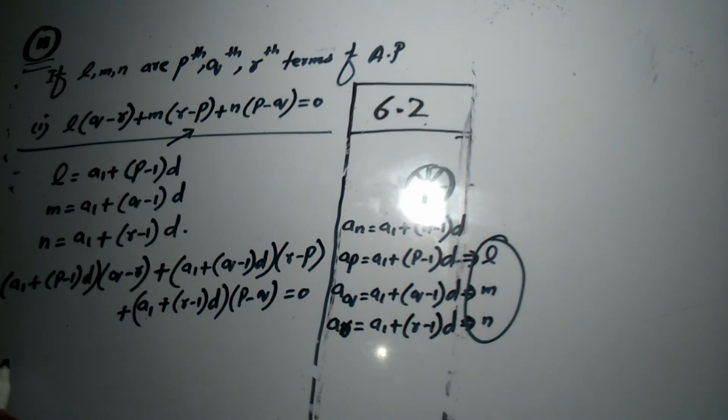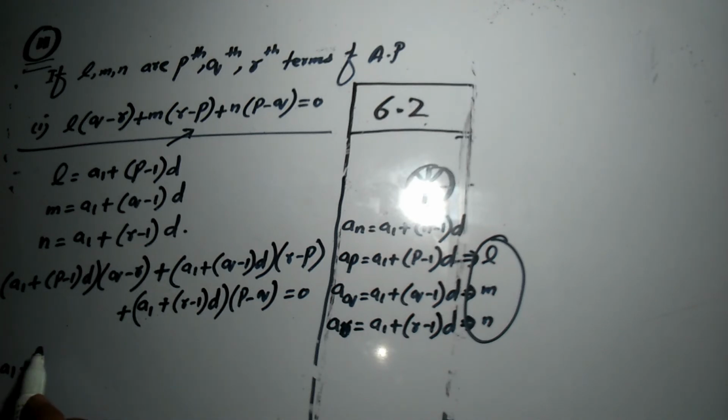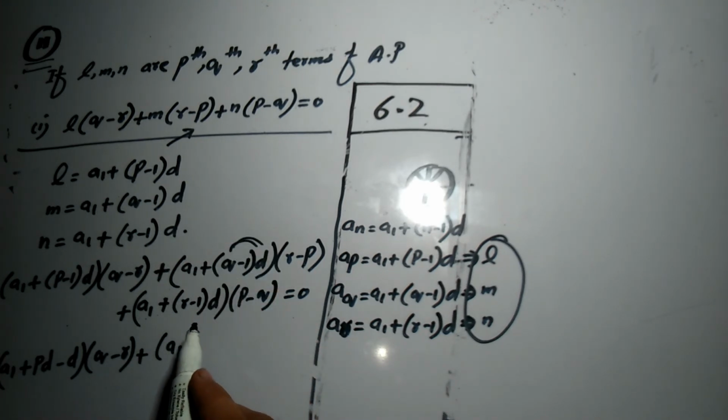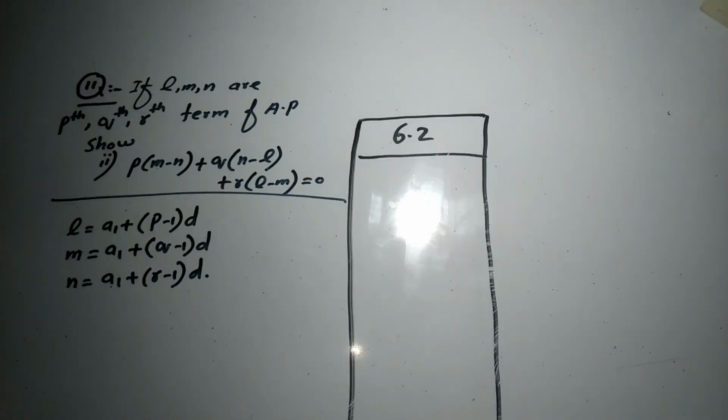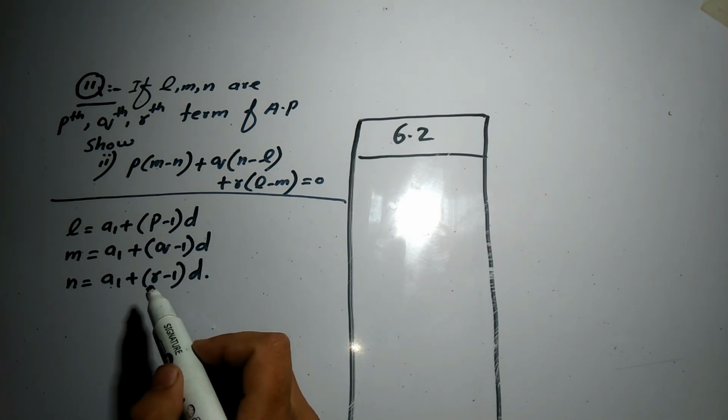After simplification, this will become a1 plus, after multiplication with q minus r, a1 plus pd minus d, q minus r, plus a1 plus, if we multiply q and 1 by d, this will be equal to a1 plus L. L is the pth term, M is the qth term and N is the rth term.